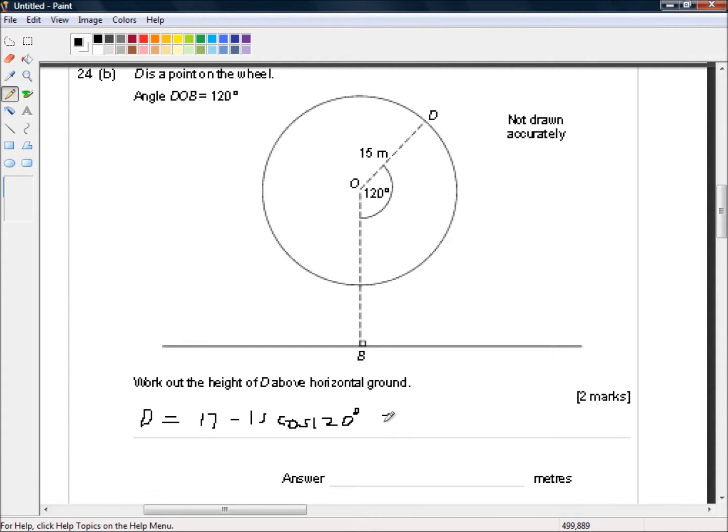So that's equal to 17 minus 15 times negative 1/2. And a negative times a negative is a positive, so that's equal to 17 plus half of 15, which is 7.5.